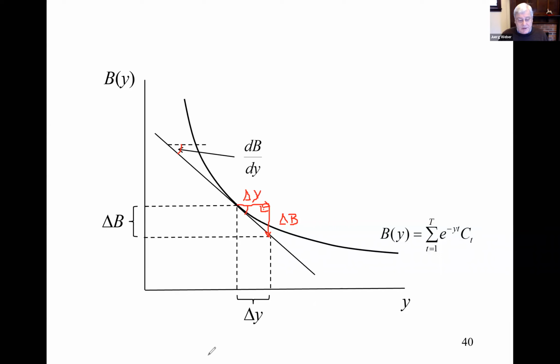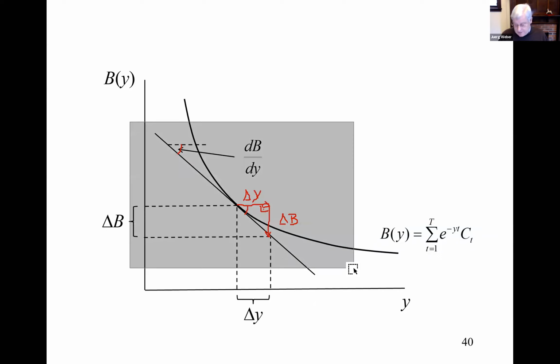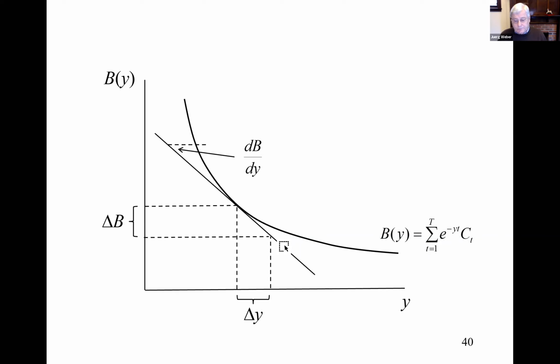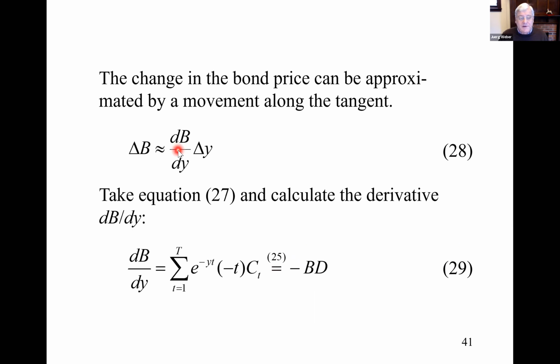So the first derivative times delta y gives you an approximation of delta B. So what we need is this first derivative.